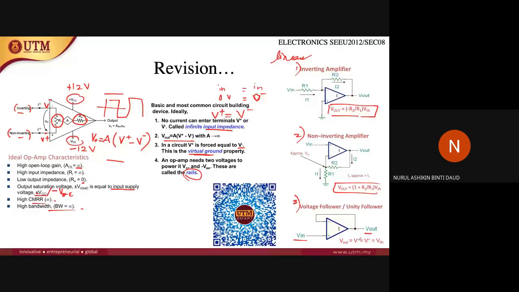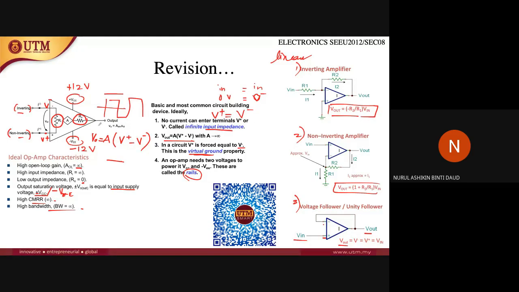So V output equals V at the minus, which equals V at the plus, which equals the input value. Again, zero output impedance and infinite input impedance for an op-amp.